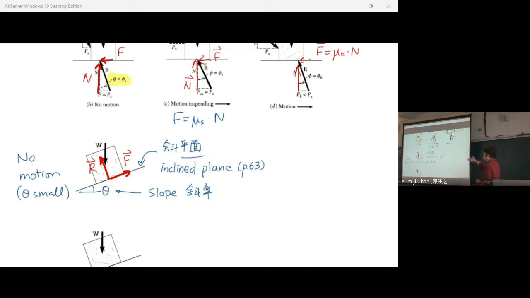In this case, let's draw the free body diagram and the forces to determine the equilibrium. Here, W is going downward, and we have the reaction force, the support force R, going this way. And remember, what's this angle? This angle is theta.